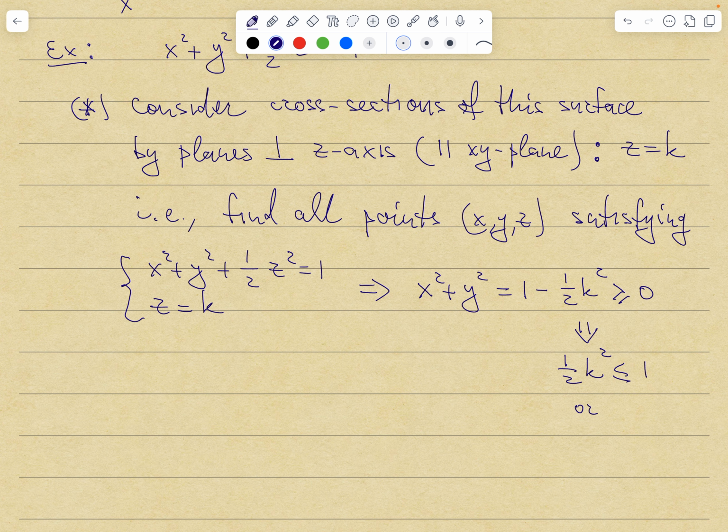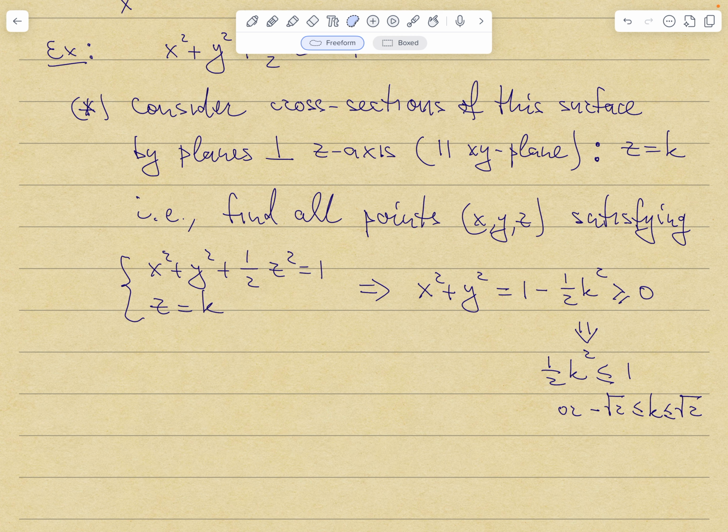So k, if you solve this inequality, is between minus square root of 2 and square root of 2, right? So if k is like that, then we guarantee that 1/2 k squared is less or equal than 1. And so 1 minus 1/2 k squared is greater or equal than 0.